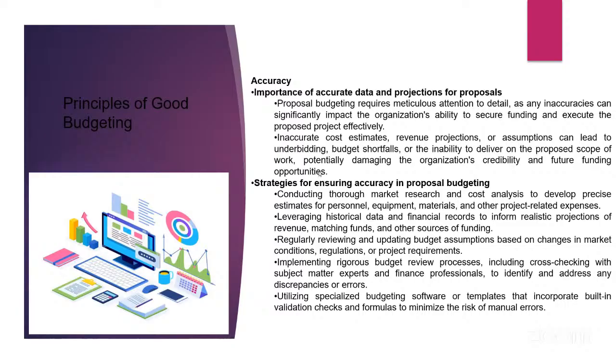Over and above, there is also the issue of historical data and financial records. Take for example an organization that is writing a grant proposal and it's not its first time. It means they have historical data and financial records they can refer to when budgeting, to see the trends in figures and what they've been doing before.